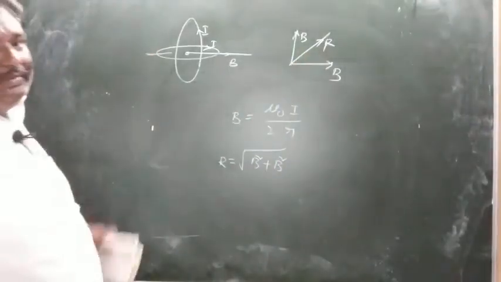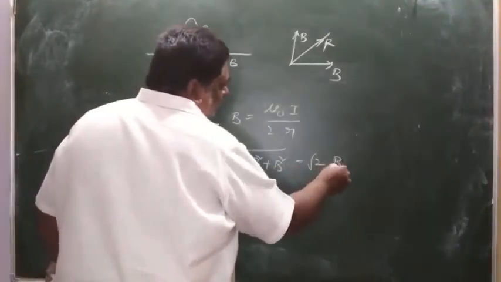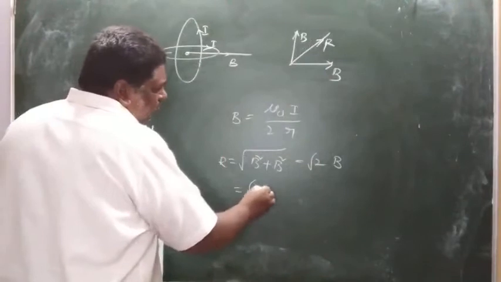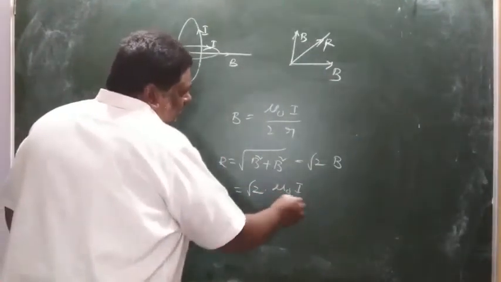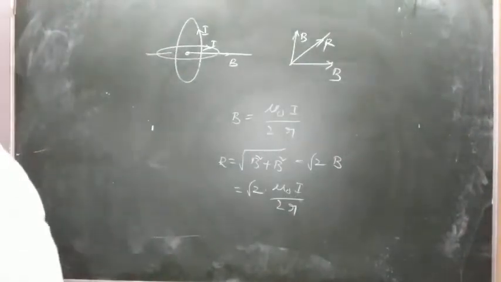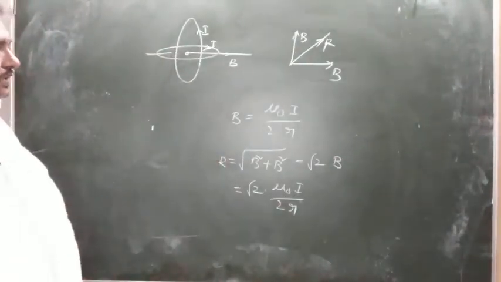It is equal to root 2 B. B value again: this is equal to root 2 times mu naught I by 2r. We don't want to simplify like that; we should keep the standard format.